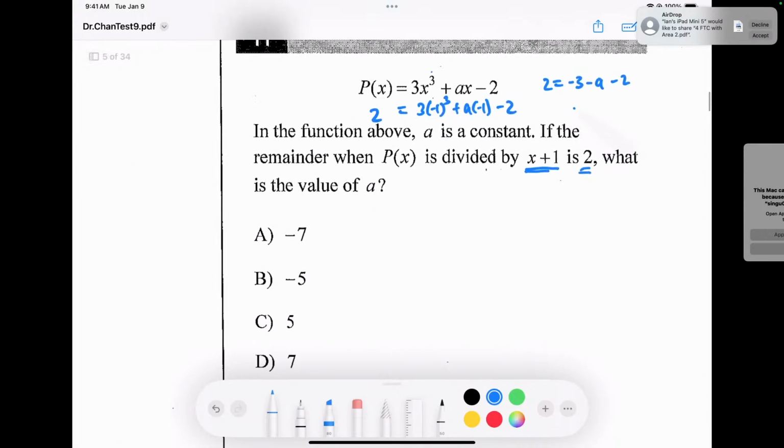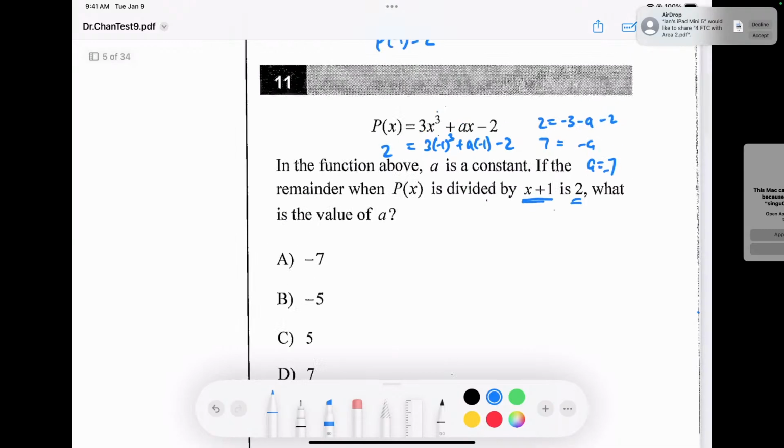So negative a is equal to, I think, 7, right? So a is equal to negative 7, sorry. Yes, yes. Yes, go ahead. Huh?